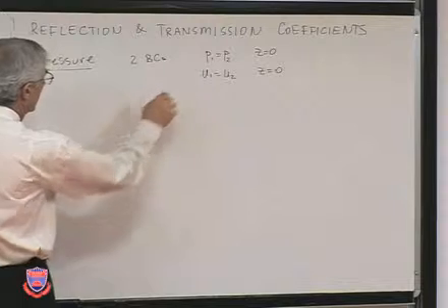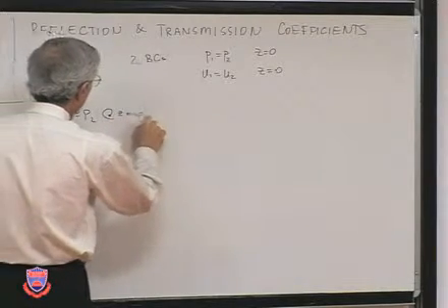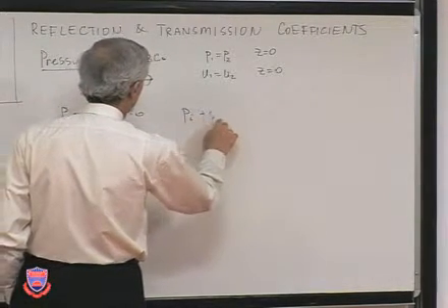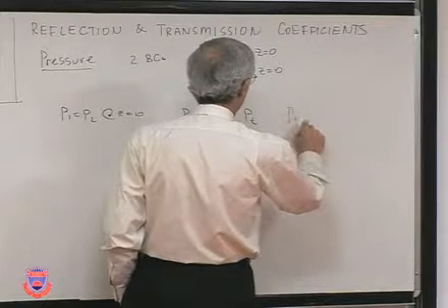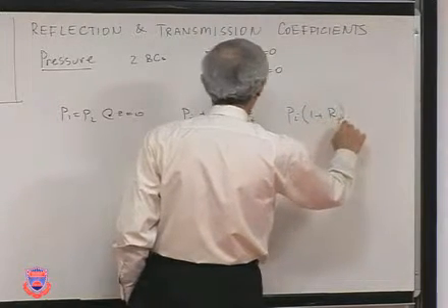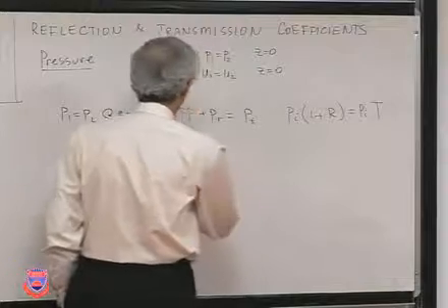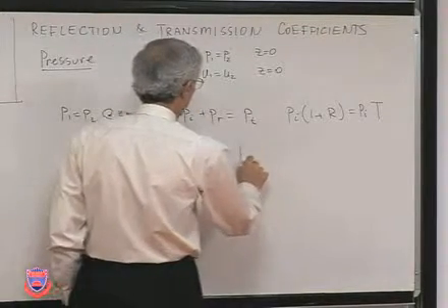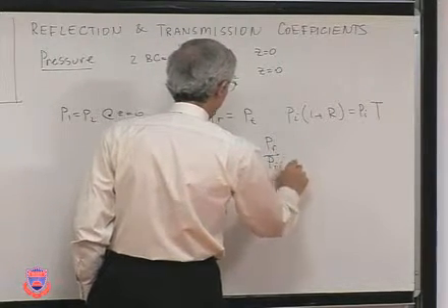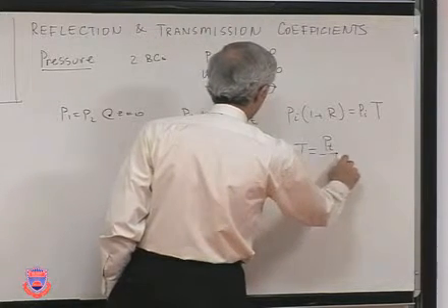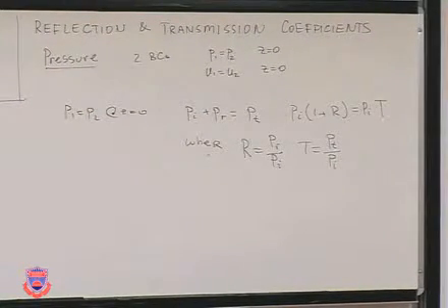And the first one tells us, okay, we can write this in terms of 1 plus R. R is the ratio of the reflected to incident amplitudes, and T is the ratio of the transmitted pressure amplitude to incident pressure amplitude.